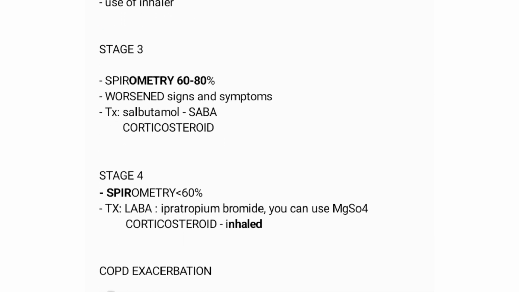Then stage 3, where the spirometry is about 60 to 80%, and they usually have worsened signs and symptoms. Treatment now includes short-acting beta agonists such as salbutamol, and again corticosteroids, short-term as well. But the salbutamol may be given for some time as compared to the corticosteroids.